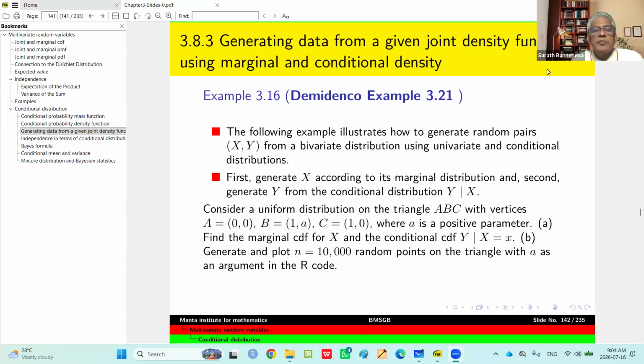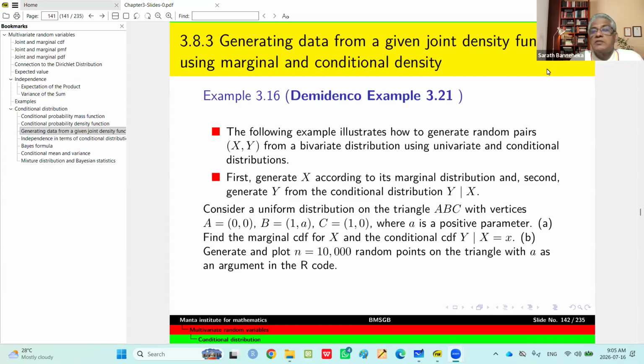So we looked at one example where we generated data from a uniform distribution defined on a triangle, right? The general method that we applied was first generate a random number x according to the marginal distribution of x.